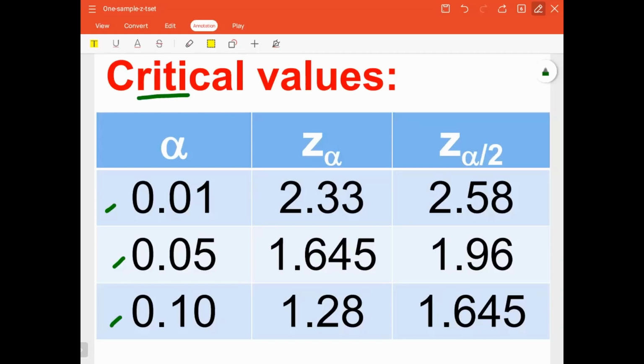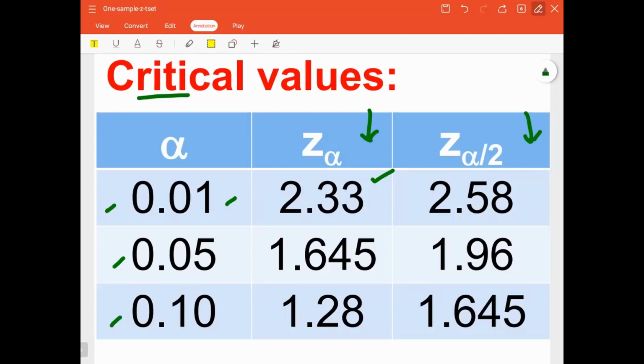So clearly, if our level of significance is 0.01, this column will be for the one-tailed test, and the third column will be for the two-tailed test. So if alpha, the level of significance, is 0.01, then this will be the critical value. As simple as that. Actually, you can derive this critical value from a statistical table called the table giving us the areas under the normal curve.